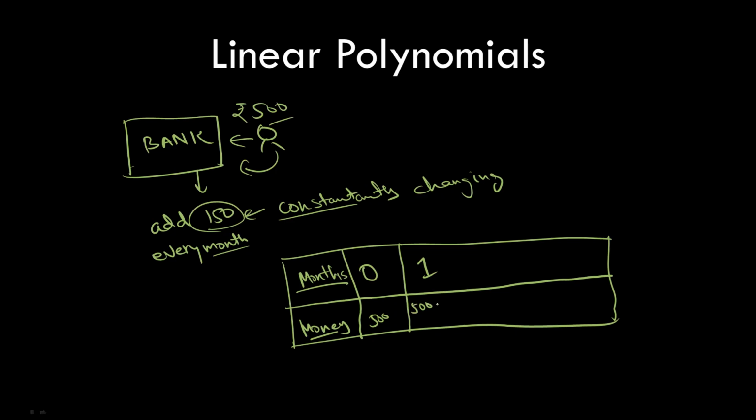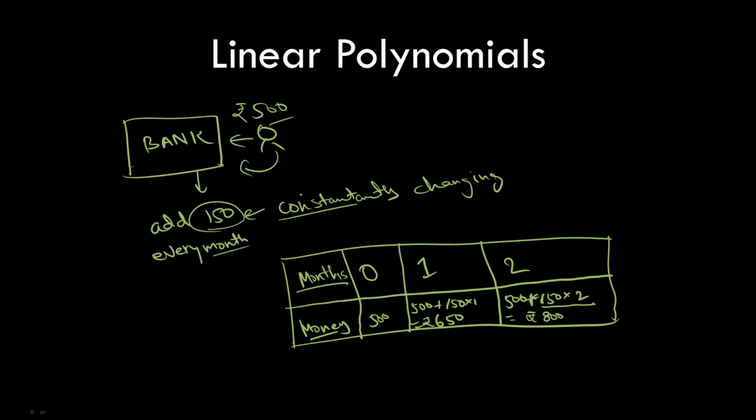So it's going to be 500 plus 150 times 1, which is equal to 650 rupees. On month 2, we're going to have 500 plus 150 times 2, which is equal to rupees 500 plus 300, it is 800.